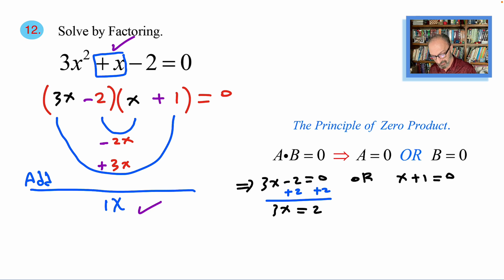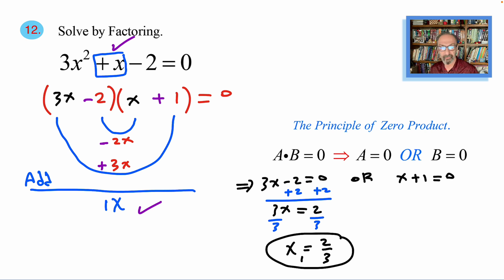Then we could divide by 3, and that will give me x equal 2/3. That's one option. Let's call it x1. Second option, we will subtract 1 from both sides, and we'll end up with x by itself, x equals negative 1. Let's call it x2. Two answers, solving by factoring.